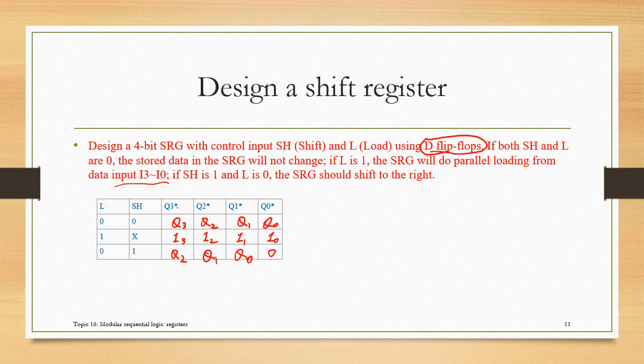So the output here is actually D3, D2, D1, D0, because they are equal. So that's why I put it. So the real design is on the input of the flip-flop here. So that's a very different thing compared to combinational logic design. For sequential, we are designing the input, not the output.